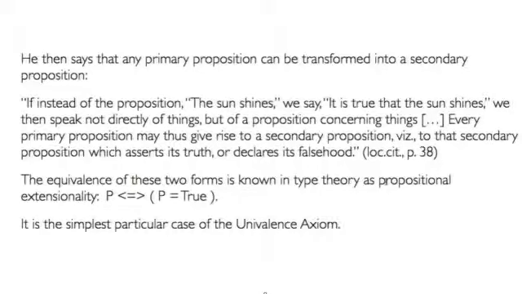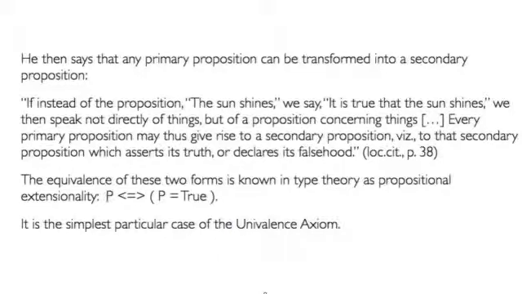He has two extensionality axioms there, and one of the axioms is precisely this one. Well, it says something slightly different. It says that P equals true is the same as P is equivalent to true. So it's a little more general statement.